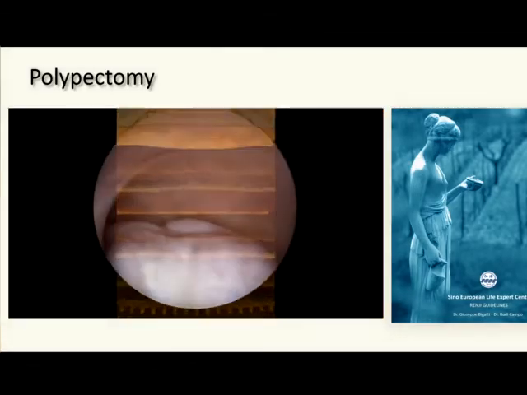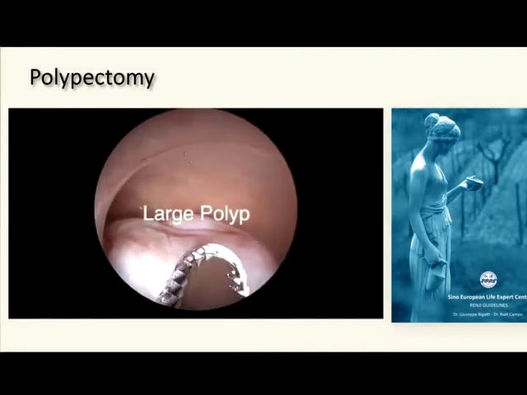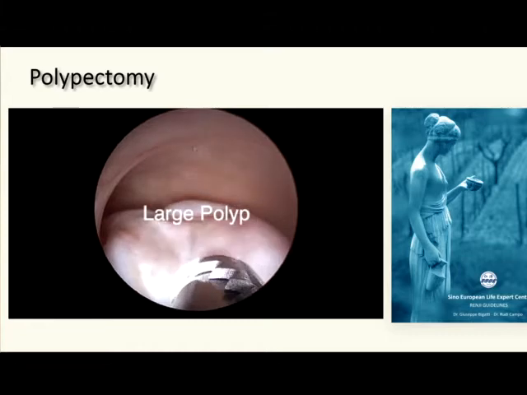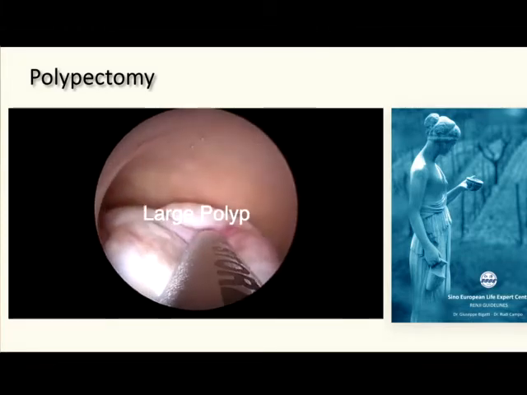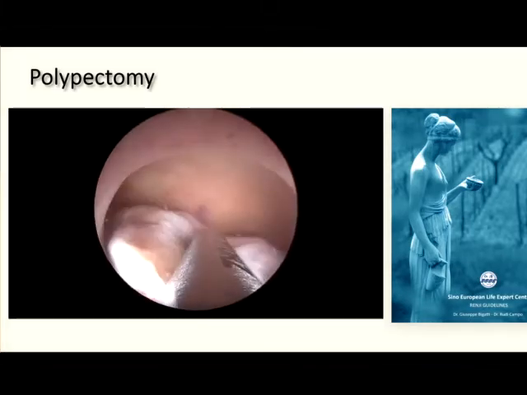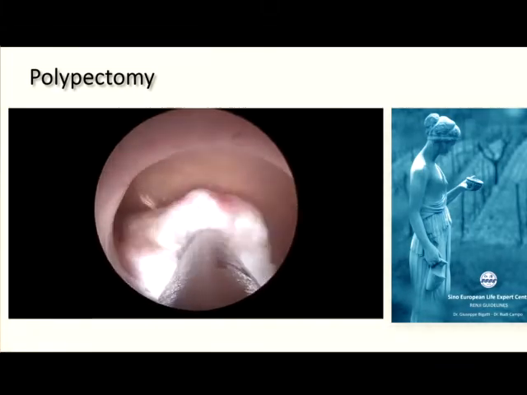We are talking about a large pedunculated polyp in the posterior wall. You see you enter with the blade, you check that the blade is working. Always remember to check under vision. You go on the top of the polyp and you start the procedure.